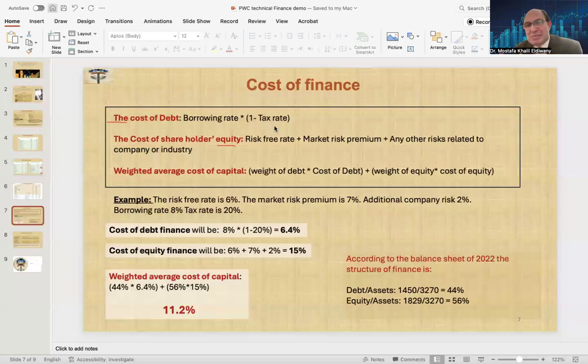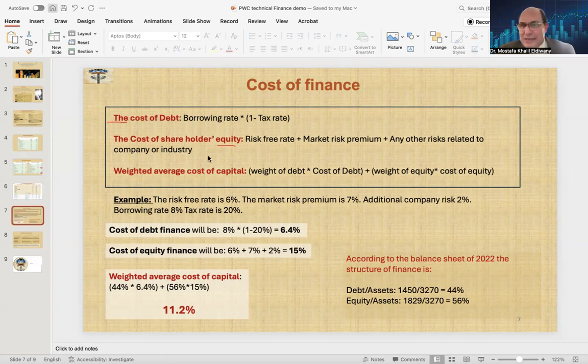You are not taking this benefit from equity finance, because when you pay the shareholders dividends, you pay them from net profit after tax. So the cost of debt is the borrowing rate times 1 minus the tax rate, to get the tax savings from using this option of finance, which is the debt finance.